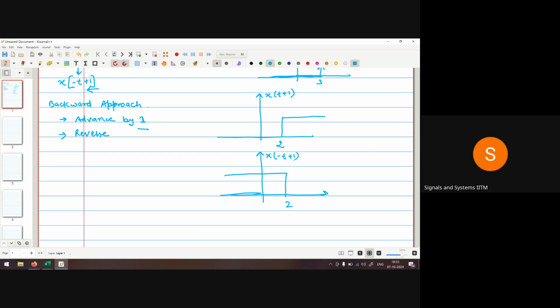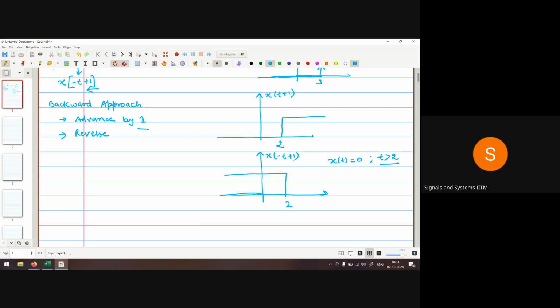So the condition is that the signal is 0 for t greater than 2. Clear? Yes, sir.